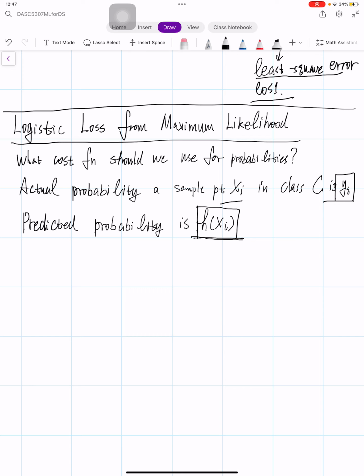Actually, suppose we observe some big number beta of duplicate copies of xi.